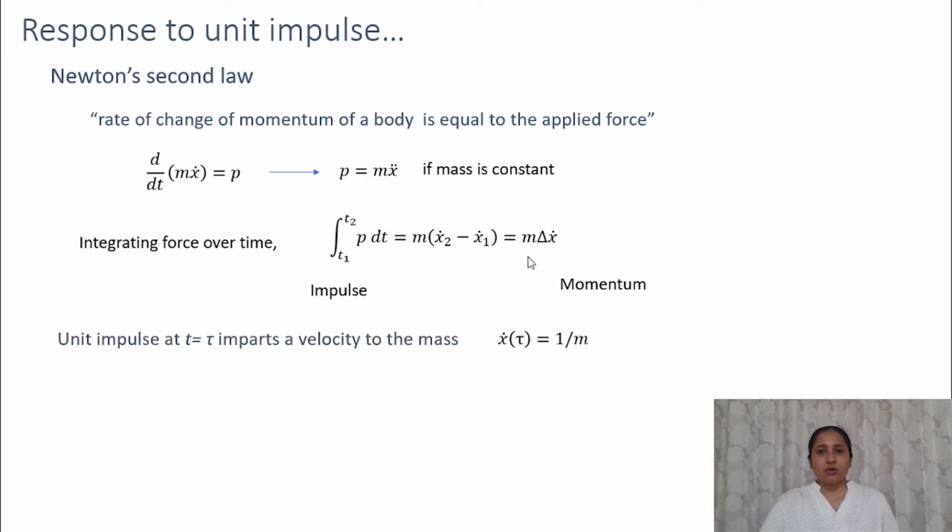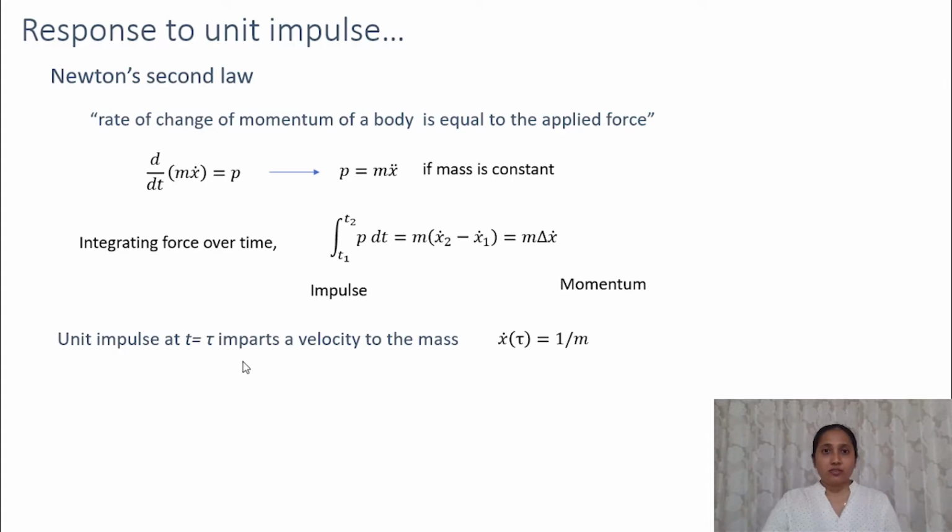What does this mean? If we apply a unit impulse at time tau, that impulse will impart a velocity to the mass, and that velocity will be equal to 1 by m. So for the impulse, a change in velocity will be created, equal to 1 by m.